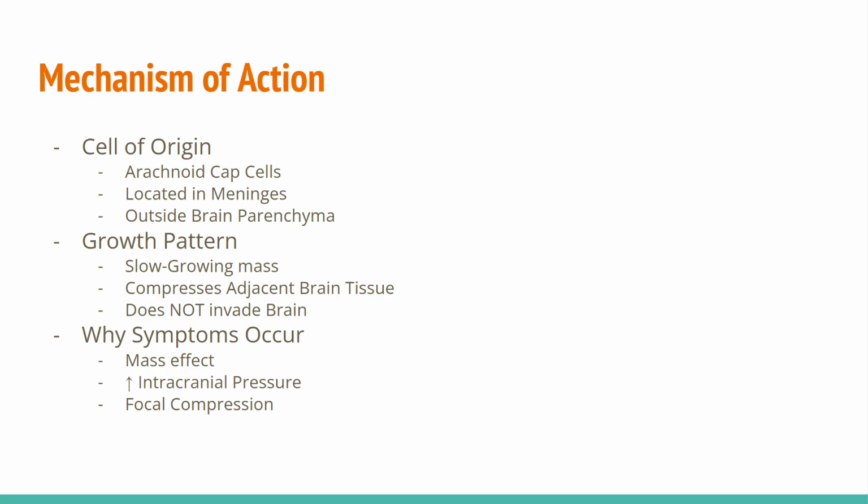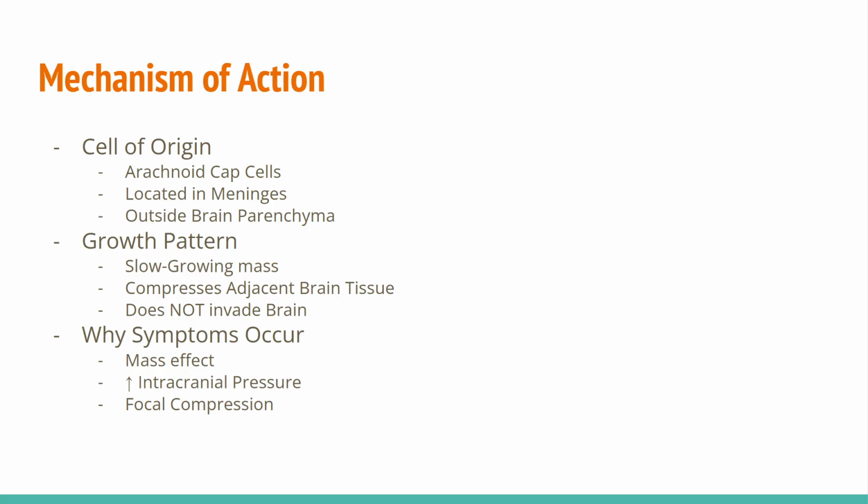So meningiomas, where do they arise from? The arachnoid cap cells, which are part of the meninges. And because the tumor originates from the meninges rather than the brain tissue, it grows along the surface of the brain instead of within the brain.